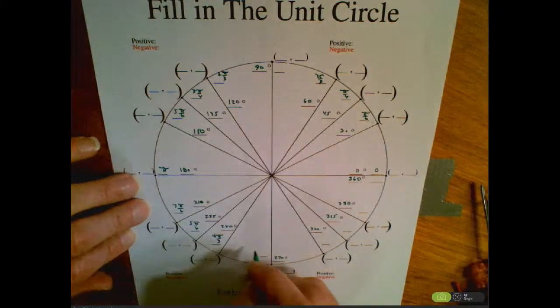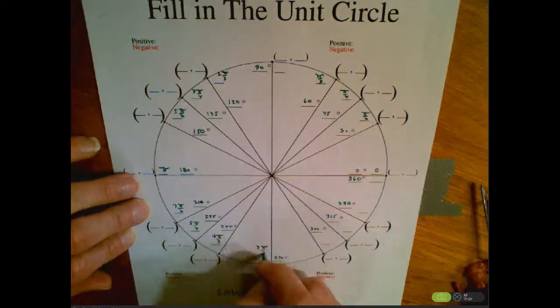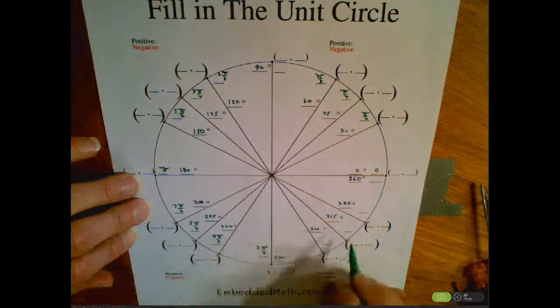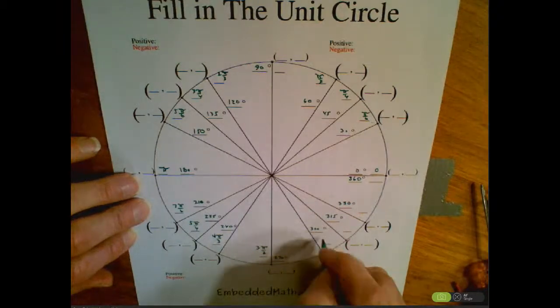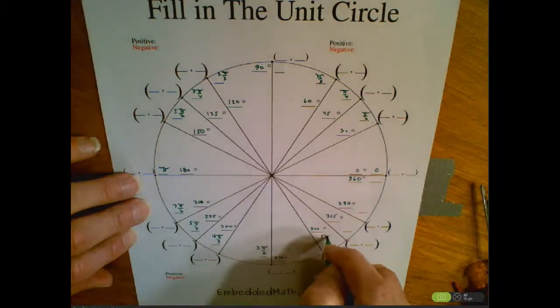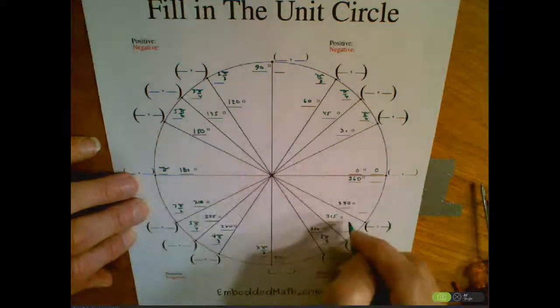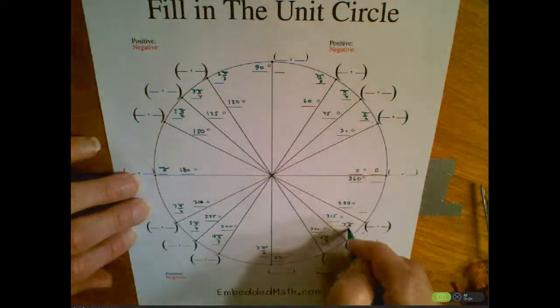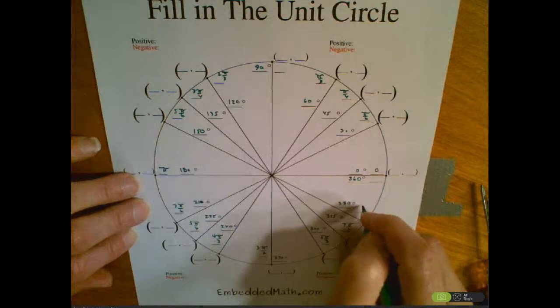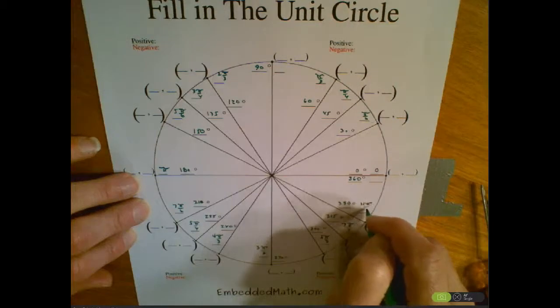Finally, we move here, and this is 3 pi over 2. And then 300 degrees will be 5 pi over 3. And then we're going to have 7 pi over 4. And then 11 pi over 6.